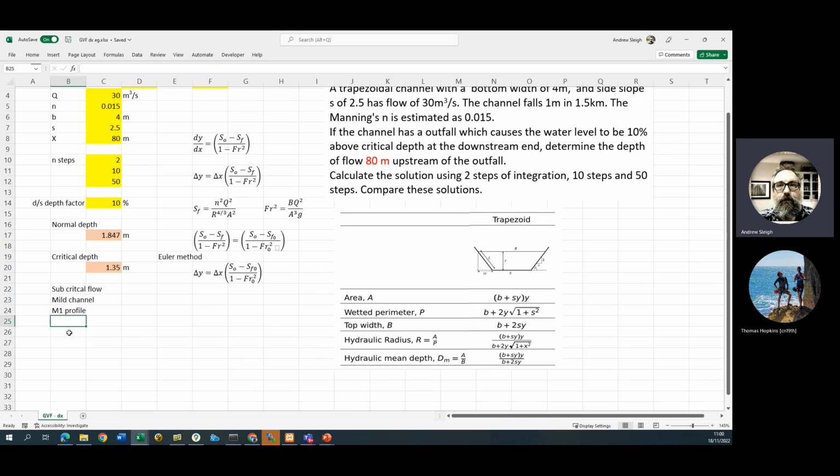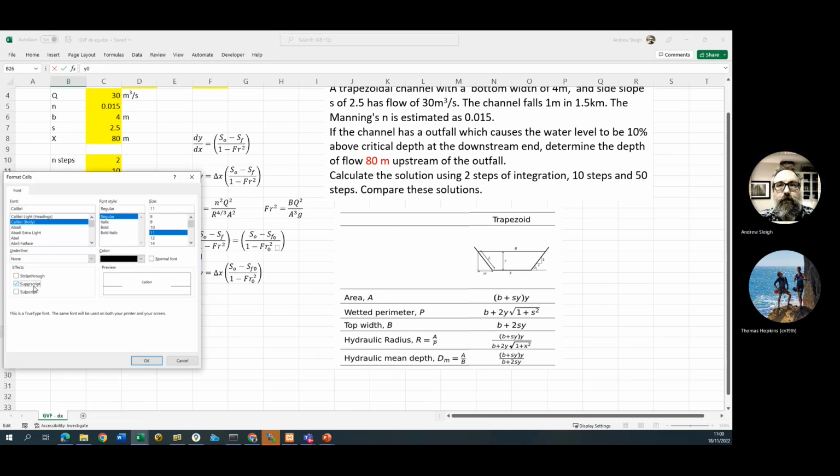Okay, so now we need to find our y naught value, our starting value of the iteration, which is based on 10% above the critical depth. What I'm doing here is formatting that to be a subscript.